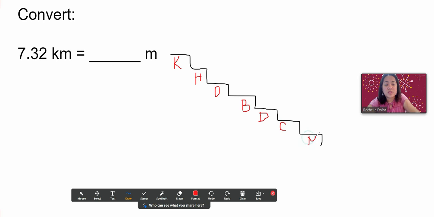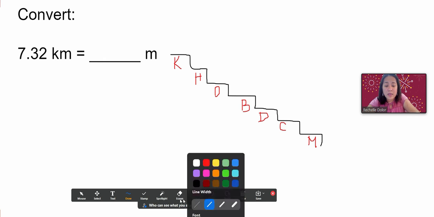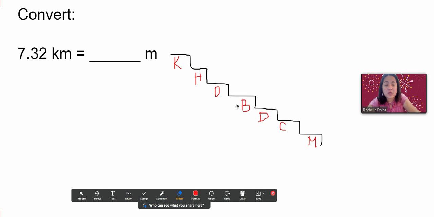So since we're talking about meters here, the B is meters here. So this will be kilometer, hectometer, decameter, meter, decimeter, centimeter, and millimeter.